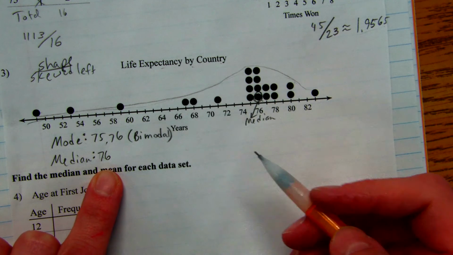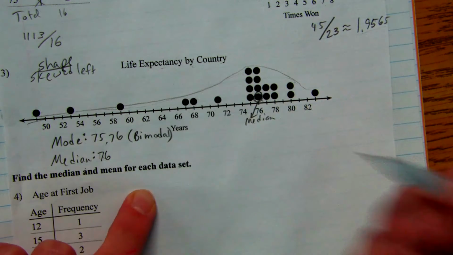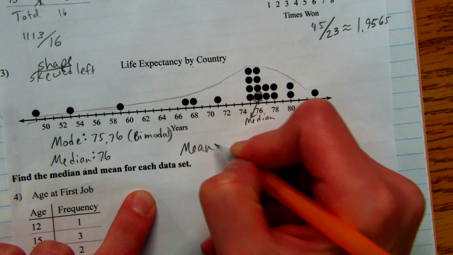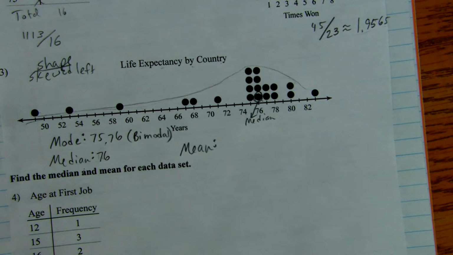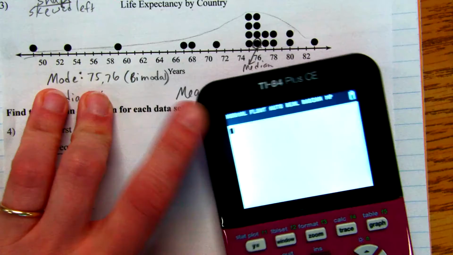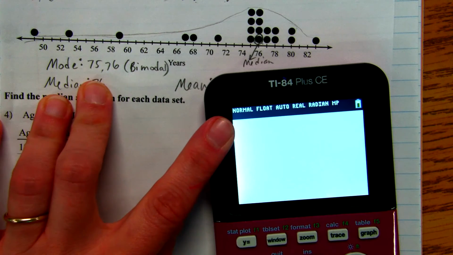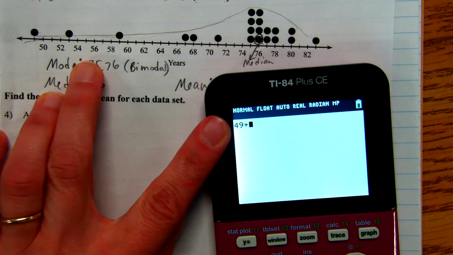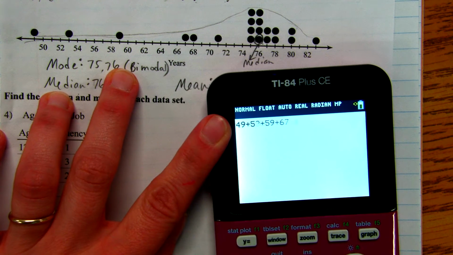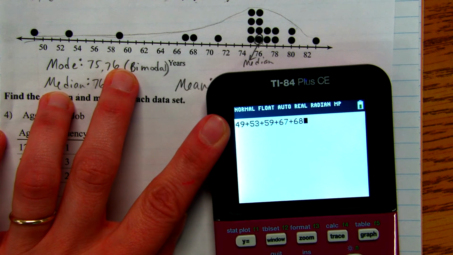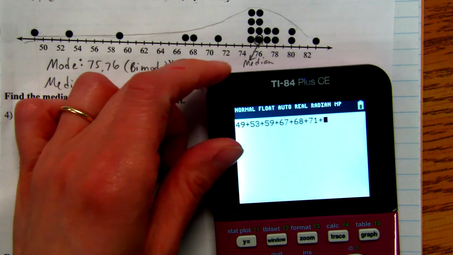Mean, median. So we did mode, median. Let's do mean. So, let me kill a bug first. All right. So putting this up here, we have a 49, we have a 53, we have a 59, we have a 67, a 68, a 71, and then we have 4 75s.